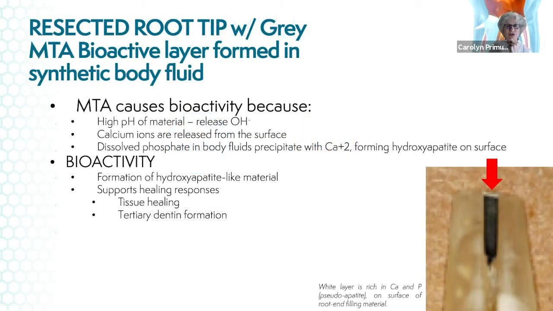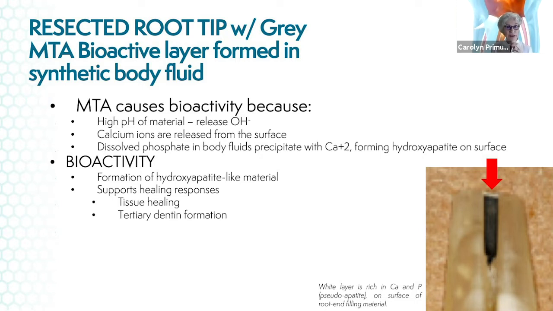So I want you to really visualize this in another way, sort of macroscopically. So I want to show you this sample from an endodontic experiment where a root end was resected. The root end was filled with gray MTA or ProRoot MTA. Then the tooth was soaked in synthetic body fluid.